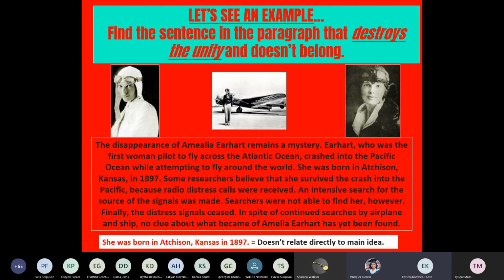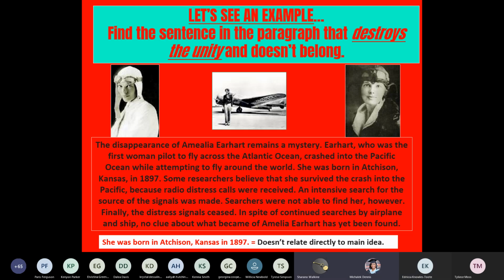The disappearance of Amelia Earhart remains a mystery. Earhart, who was the first woman pilot to fly across the Atlantic Ocean, crashed into the Pacific Ocean while attempting to fly around the world. She was born in Atchison, Kansas in 1897. Some researchers believe that she survived the crash into the Pacific because radio distress calls were received.